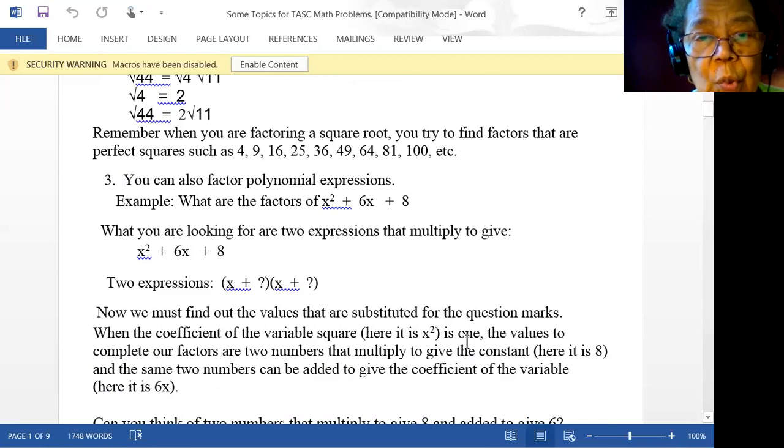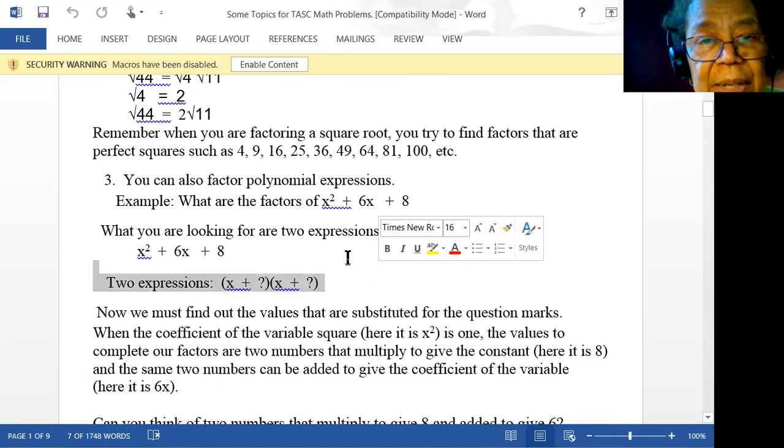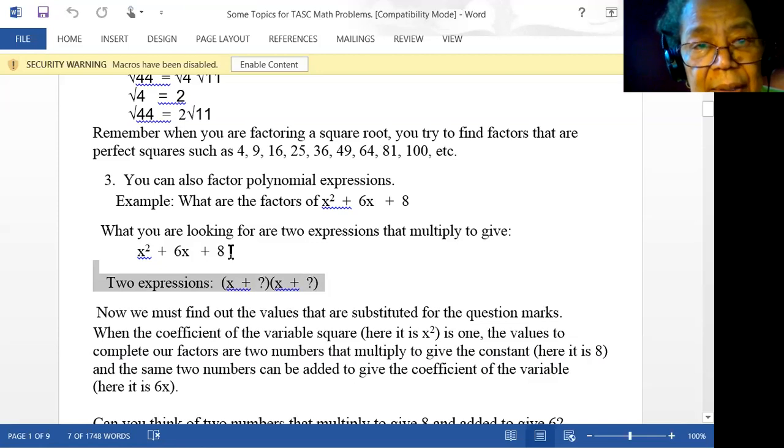Now, when the coefficient of the variable is just 1, like here, even though we don't have to put the 1, the values to complete the factors, in the case of x squared plus 6x plus 8, must be two numbers that multiply to give you 8, and those same two numbers must add to give you 6.